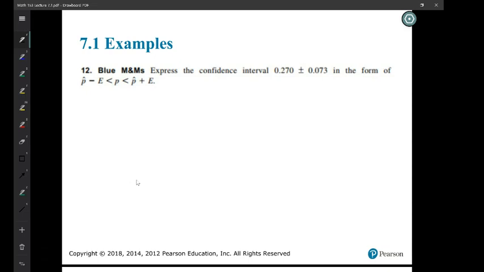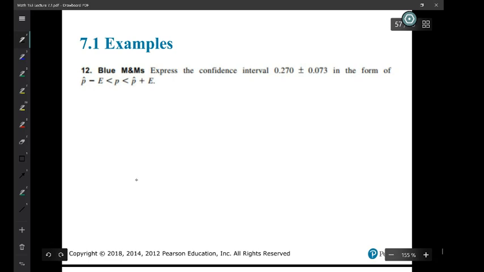Okay, this next problem, blue M&Ms. Express the confidence interval 0.270 plus or minus 0.073 in the form of the sample proportion is between the estimated sample proportion minus the error and the estimated sample proportion plus the error.